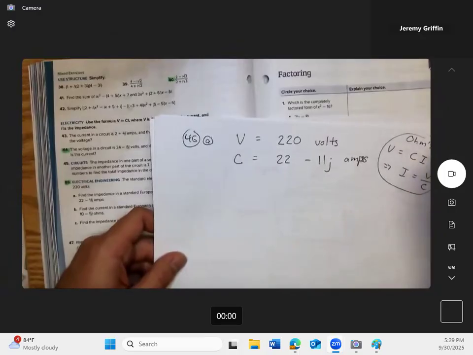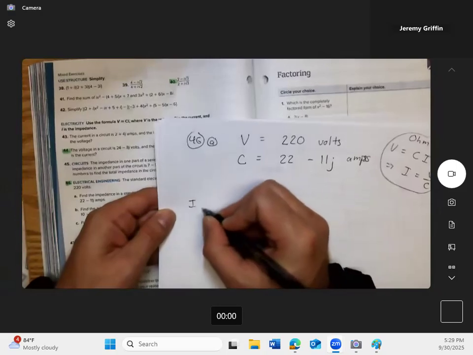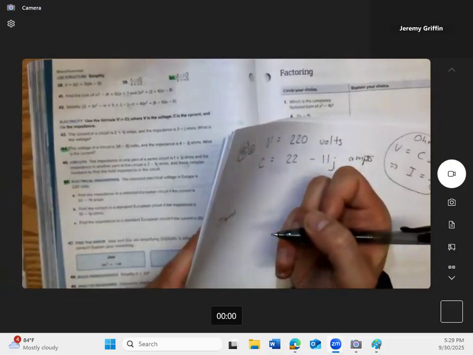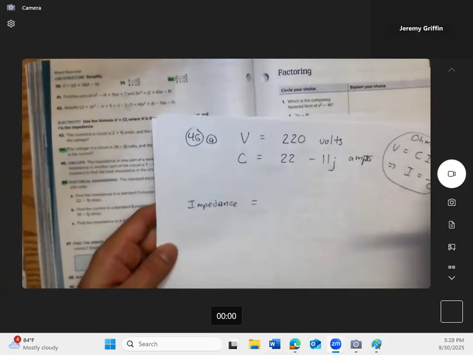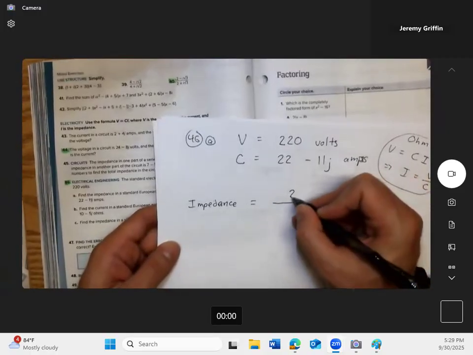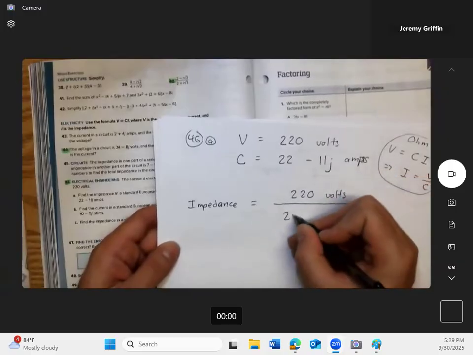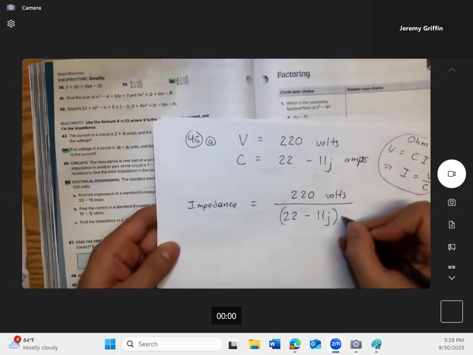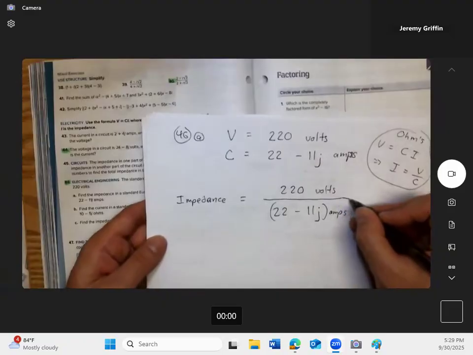So we'll use this right here. Impedance equals voltage over current. So that's 220 volts over 22 minus 11j amps. So that could get us the impedance.